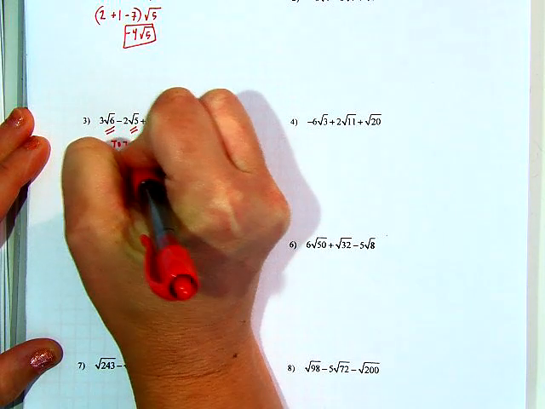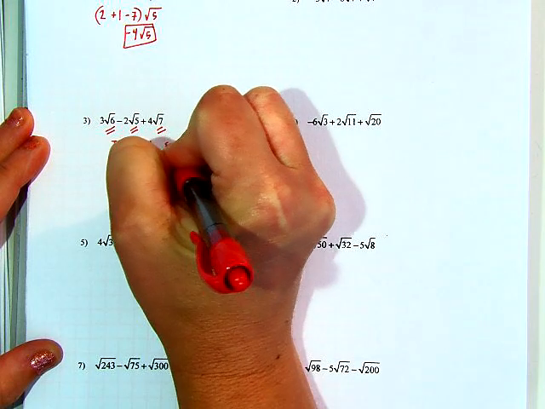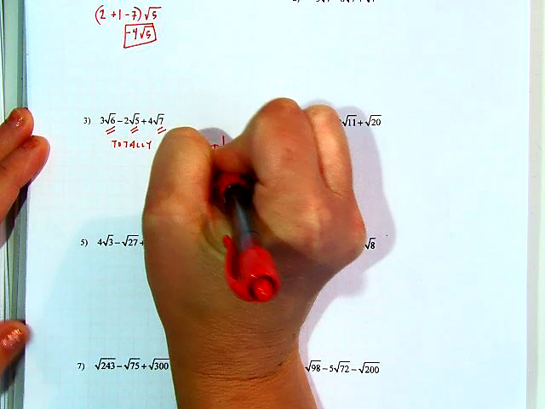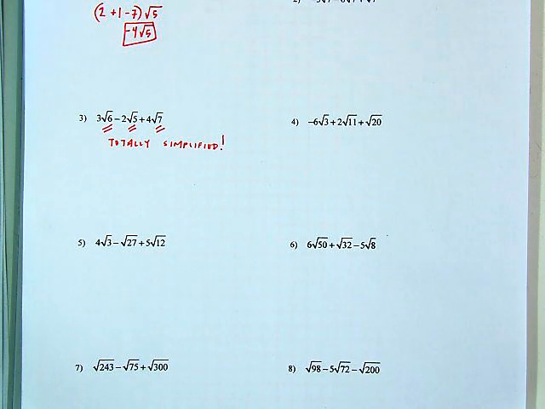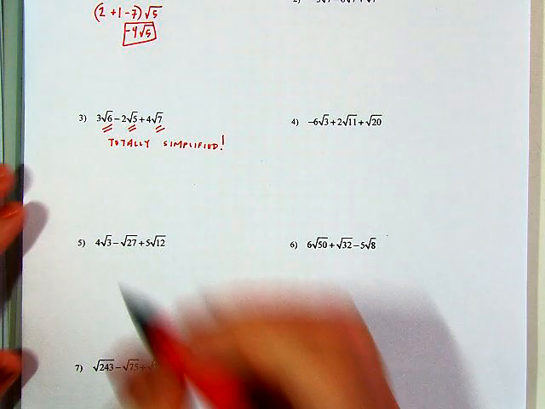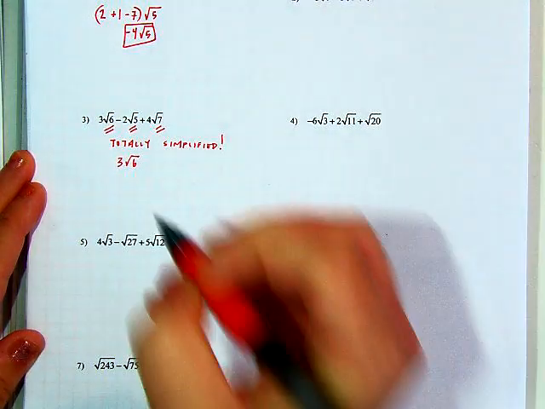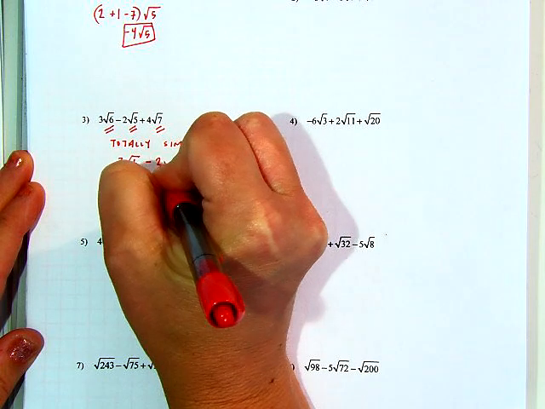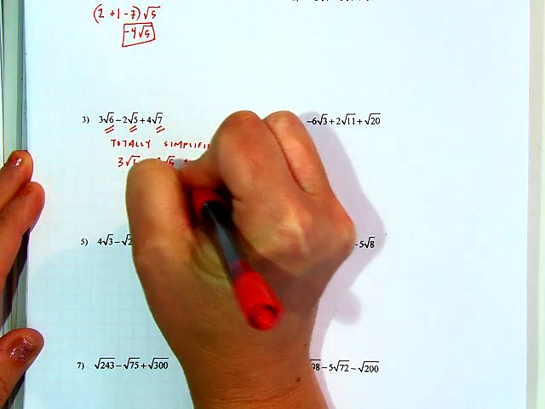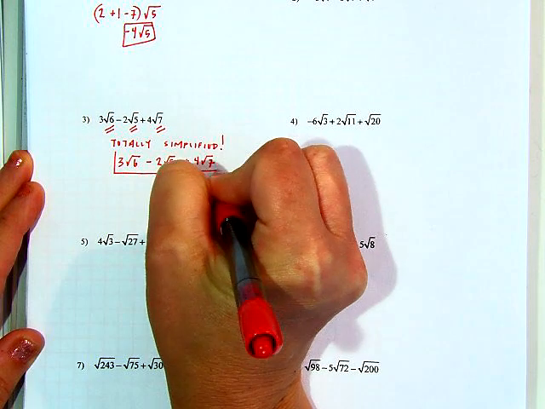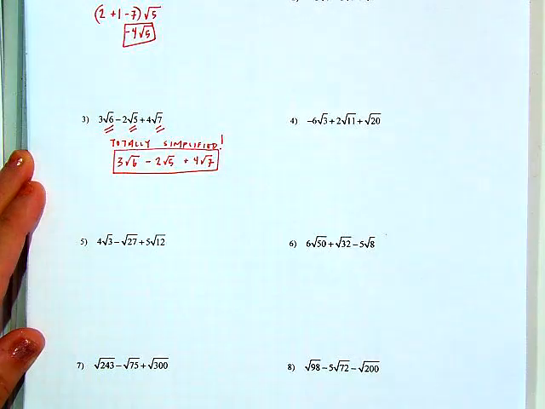This is totally simplified. Okay, there are not any terms that I can combine further. So my answer is exactly as the problem starts, 3 square root 6 minus 2 square root 5 plus 4 square root 7. Sometimes it's just that easy.